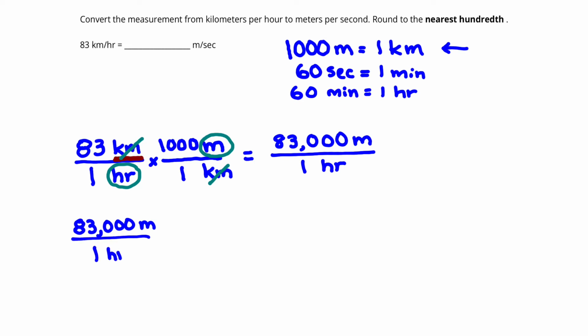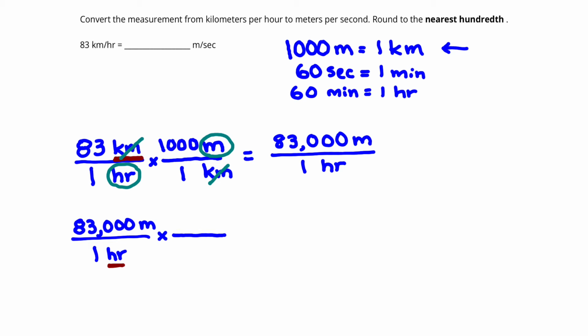And this time we want to focus on getting rid of time, namely getting rid of that hour. And you can either convert directly to seconds, or if you don't know that direct conversion, you can use the two conversions that I have. The 60 seconds is 1 minute and the 60 minutes is 1 hour. Let me go ahead and use the fact that 60 minutes is 1 hour.